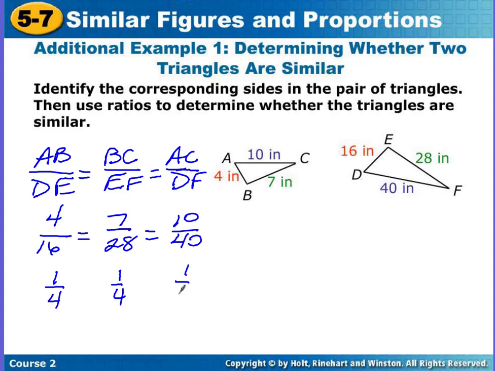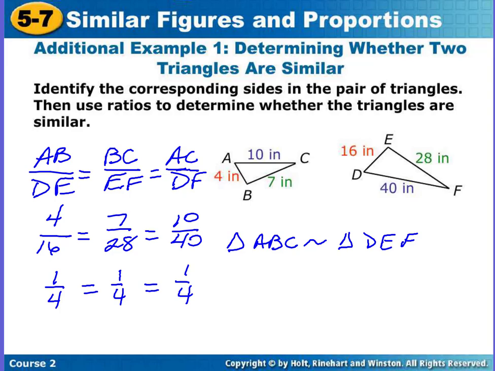That also simplifies to 1/4. So if the ratios are all the same, then we can say that these two figures, triangle ABC and triangle DEF, are similar. And that's how we determine if figures are similar or not.